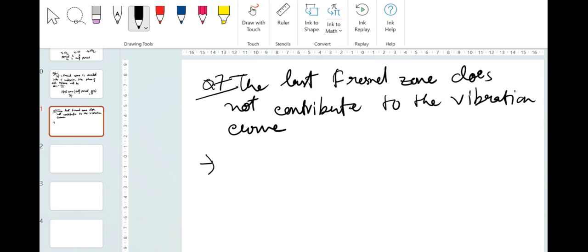The options are: its amplitude is 0, obliquity factor is 0, phase is undefined, it cancels completely. We know it goes to 0 because the obliquity factor is 0.